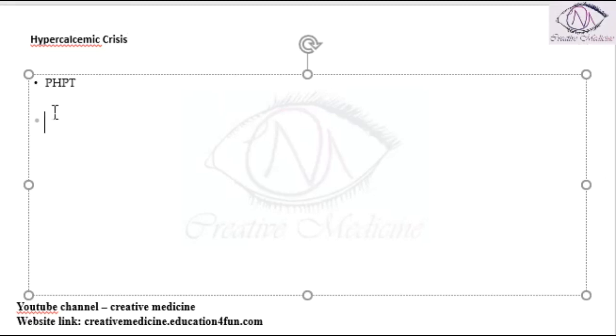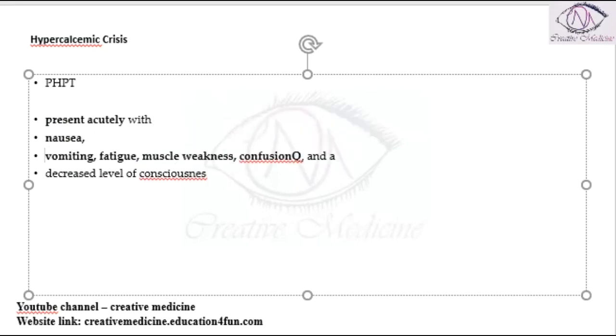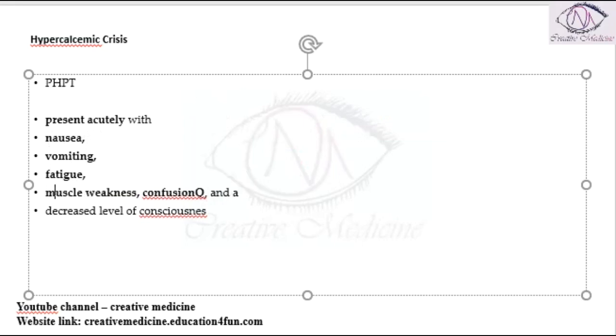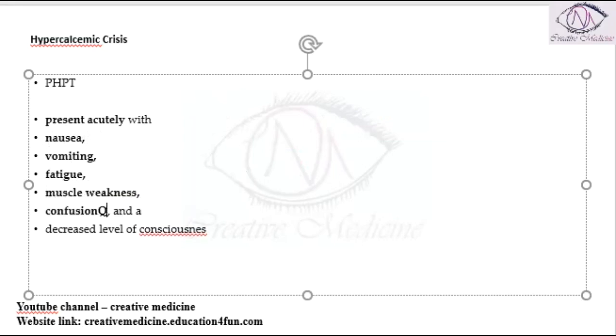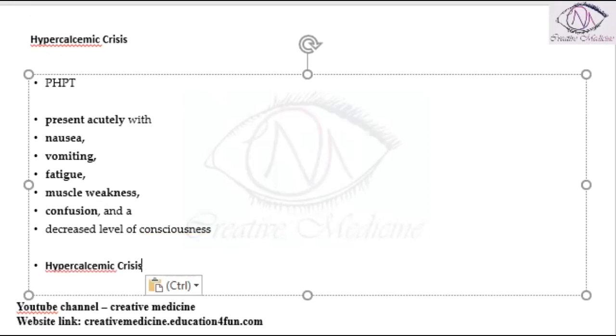If the patient presents acutely with nausea, vomiting, fatigue, muscle weakness, and also presents with confusion and decreased level of consciousness, all these are because of increased calcium. So this is called hypercalcemic crisis.